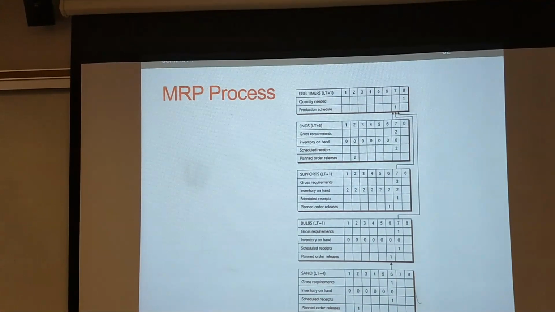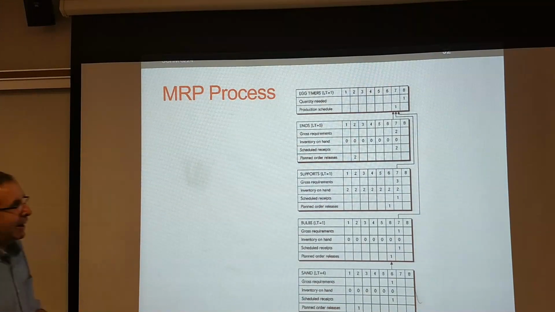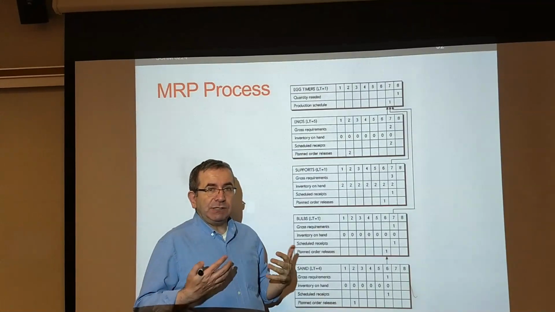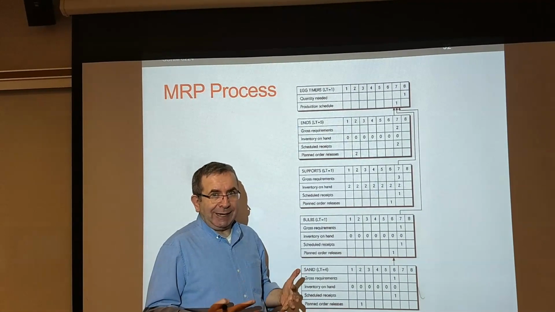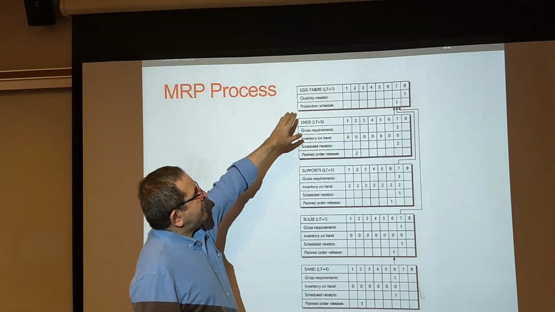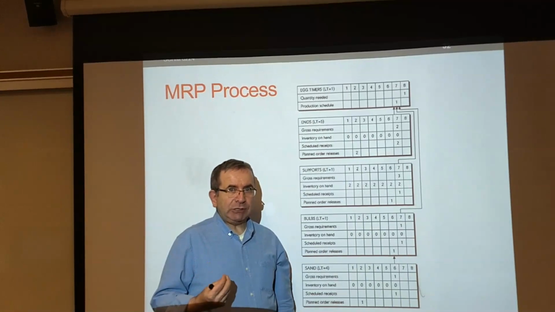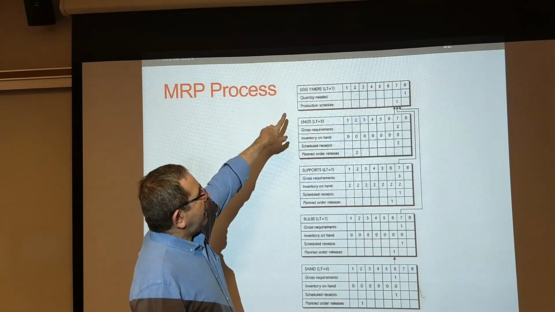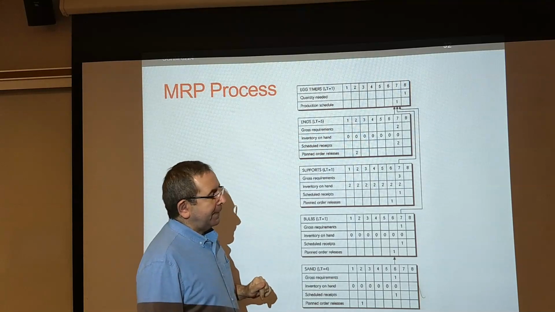Now, continuing with the MRP example here, this table at the top is the master production schedule. Okay? So it's about the egg timer, that's the finished good. Okay? And you have how much to make and when to make. Okay?